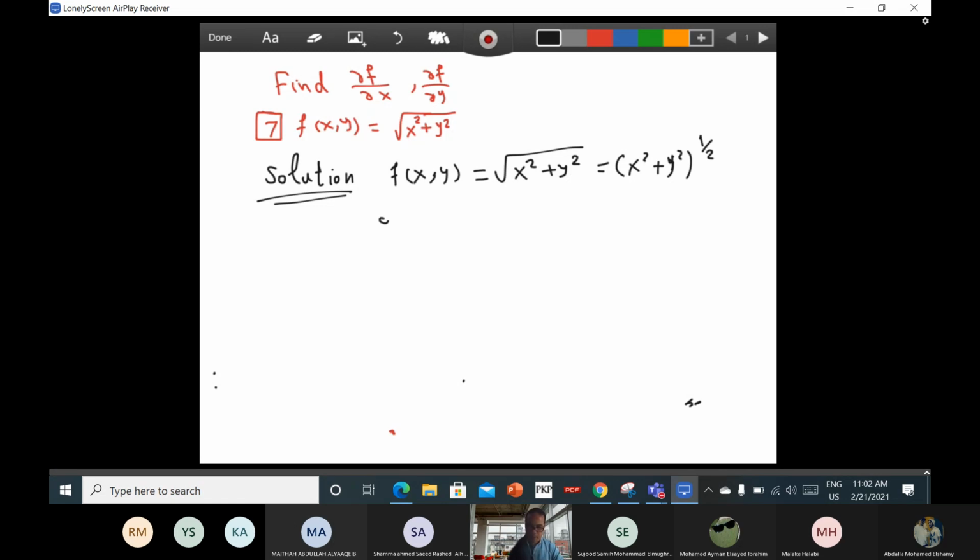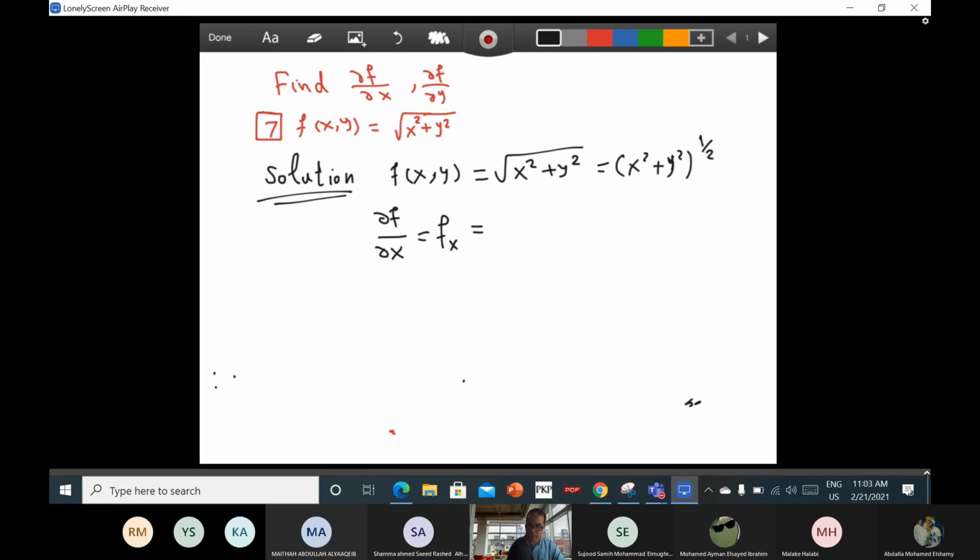Now, partial f by partial x. Also, I can write it using this notation, fx. How to differentiate? I'm differentiating with respect to x. I differentiate normally, right?